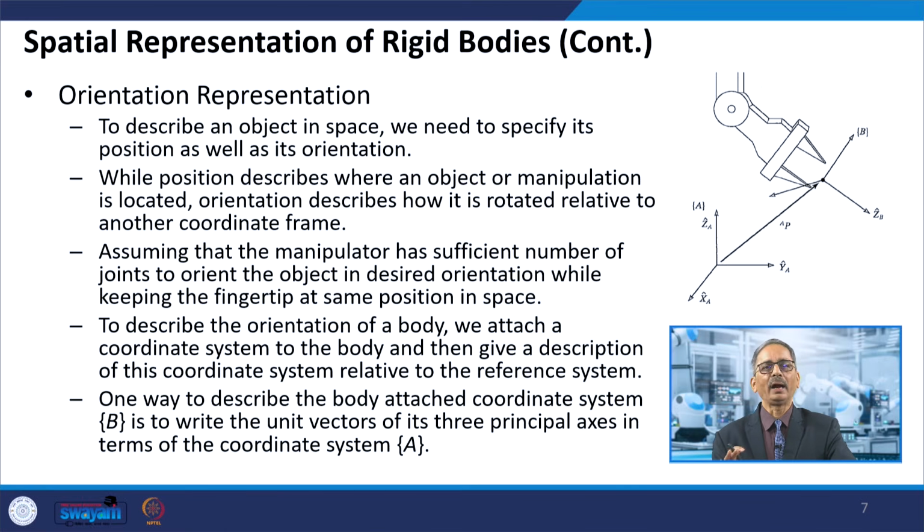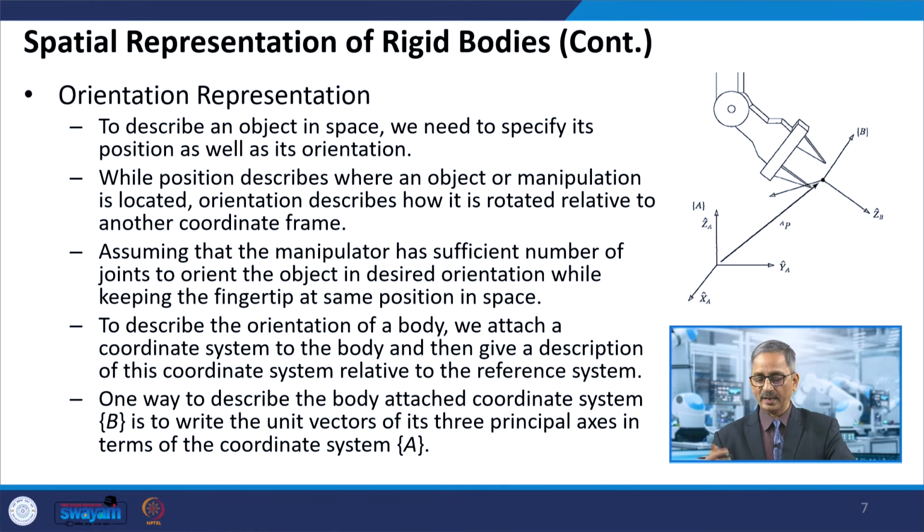So, we need the description of both position and orientation. Position describes how the object or manipulator is located. Naturally, the orientation describes how it is rotated relative to another coordinate frame.